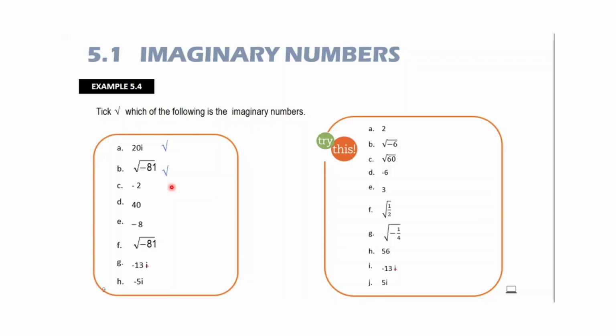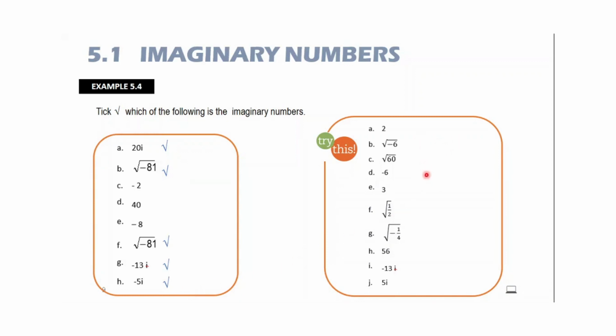No, that is real number. 40. Real number. Negative 8. Real number. Square root of negative 81. Yes, this is imaginary number. Negative 13i. Yes, imaginary number. We have i here, right? Negative 5i. Yes, imaginary number. Okay, boleh faham? Kita tahu yang apakah imaginary number dan yang manakah real number.